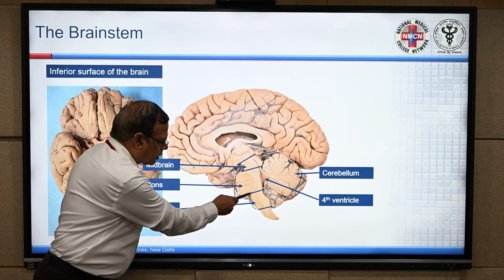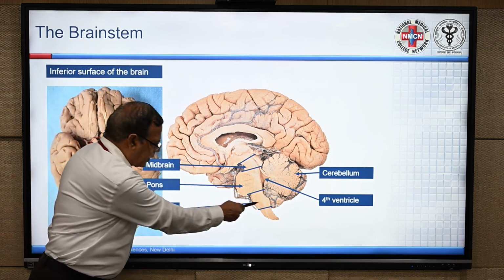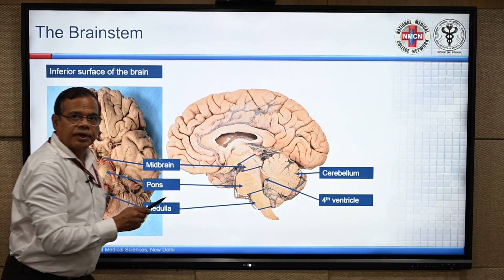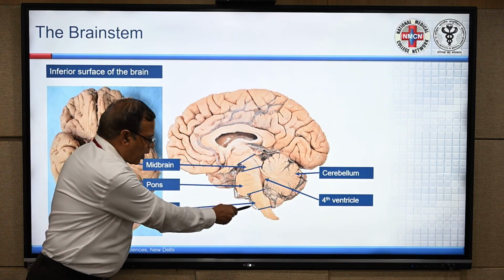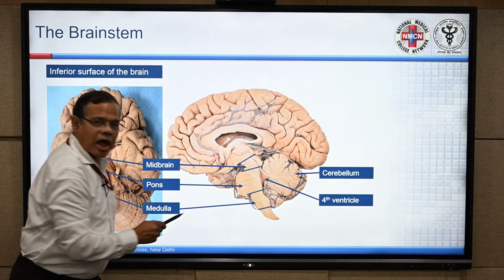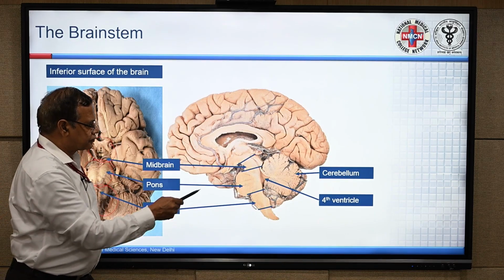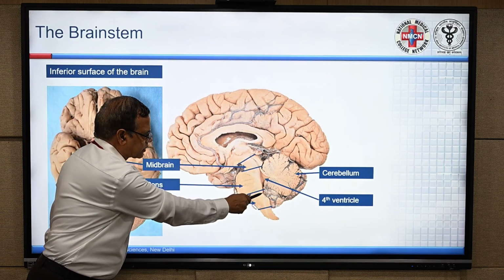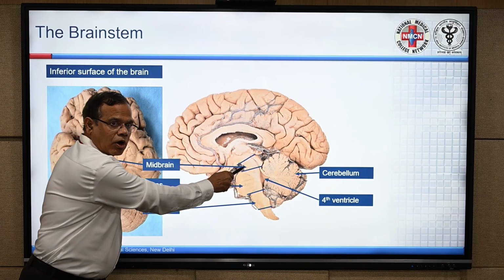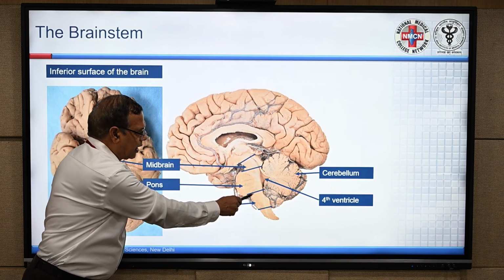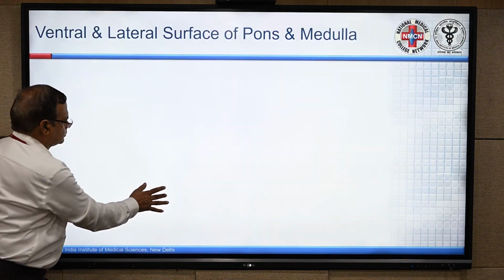Below it is the medulla. The attachment of the first cervical nerve is the lower boundary of the medulla. Medulla continues as spinal cord, and the cavity between the ventral surface of the cerebellum and the posterior surface of the pons and the medulla is the fourth ventricle.